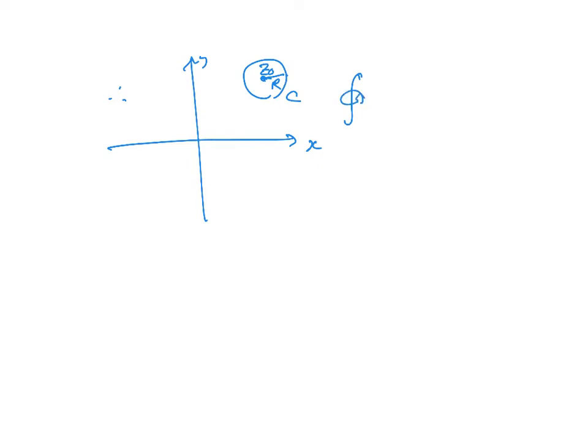So for arbitrary radius, the integral over the circle C of z minus z naught to the m dz is 2 pi I delta m minus 1.